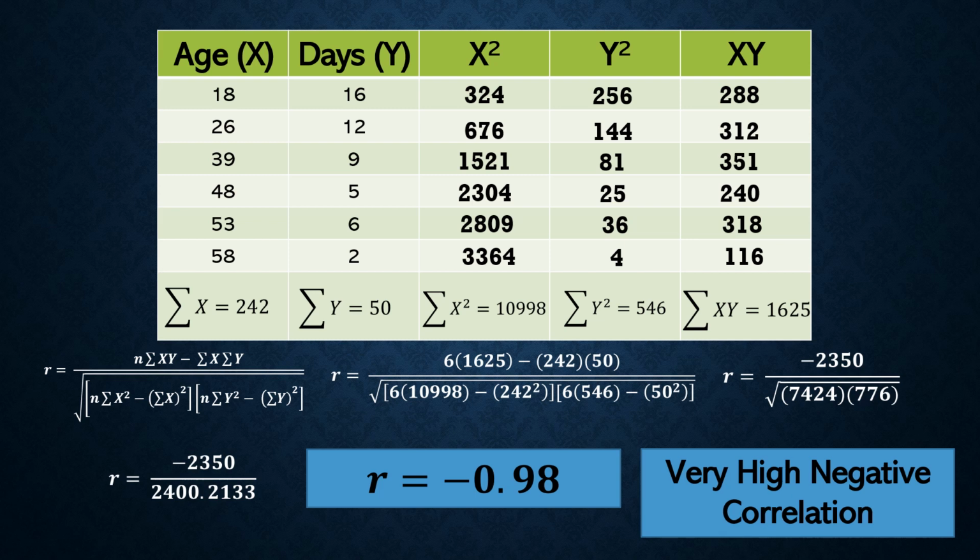So it implies that as the age increases, the number of sick leaves decreases. So since it decreases, kapag mas matanda, mas konti yung sick leave. Pero pag mas bata, mas marami ang ini-incur na sick leave.